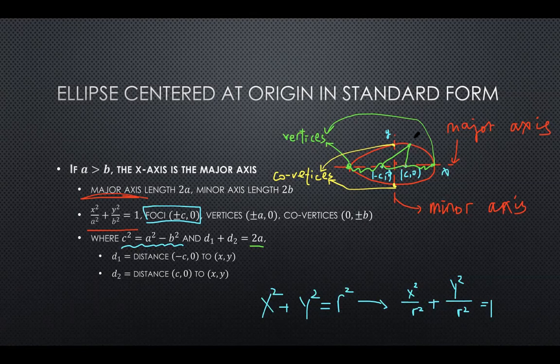But because the sun has a greater mass, the sun doesn't move that much. So in this case, the focus is really close to the axis, but it's still an ellipse. And you can imagine that the sun just moves around these two foci, and the Earth is moving around this ellipse.